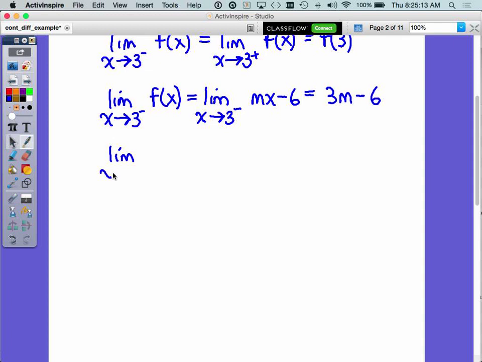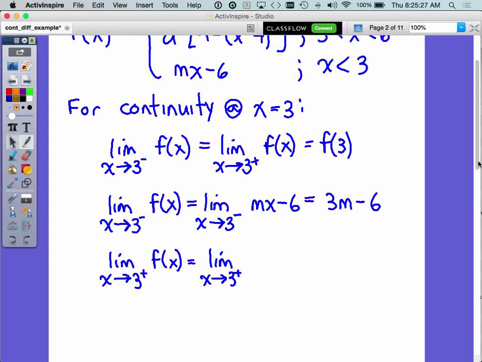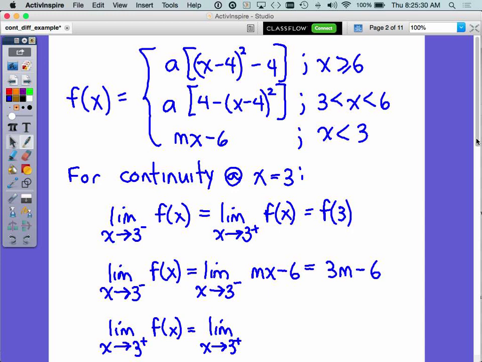So I want to see what is the limit as x approaches 3 from the right of f at x, and that's going to equal the limit as x approaches 3 from the right of which function? Well, as I'm approaching 3 from numbers bigger than 3, I can see I'm going to be on this piece, a little to the right of 3.